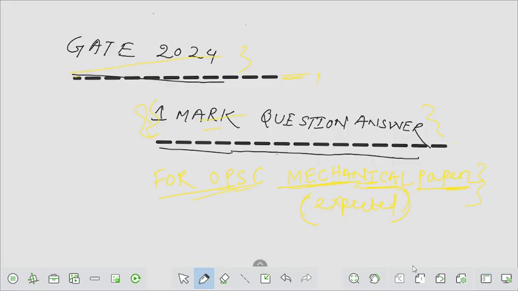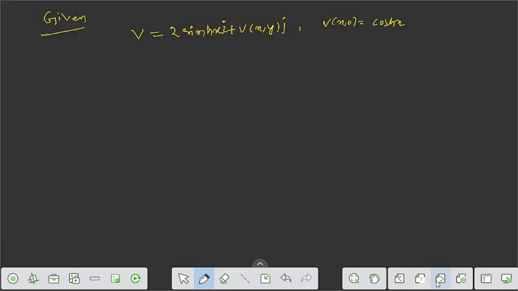We have to find v(0,-1). This is an incompressible flow.